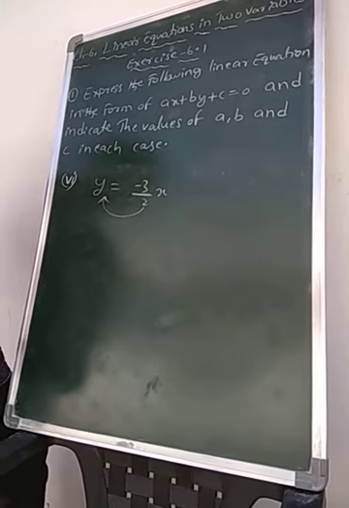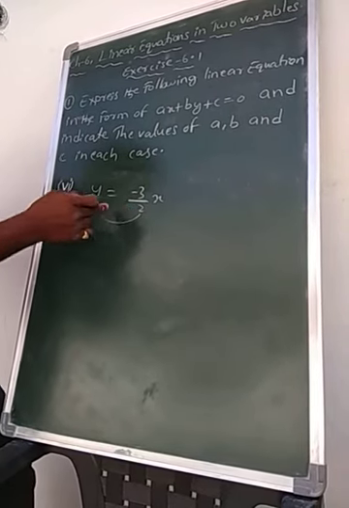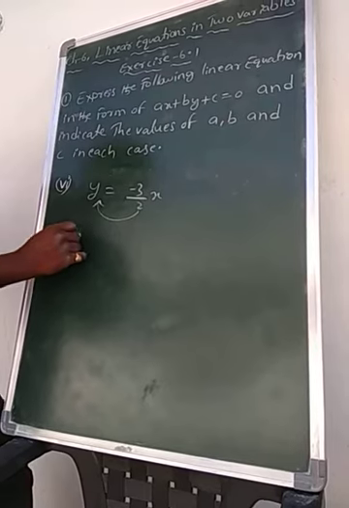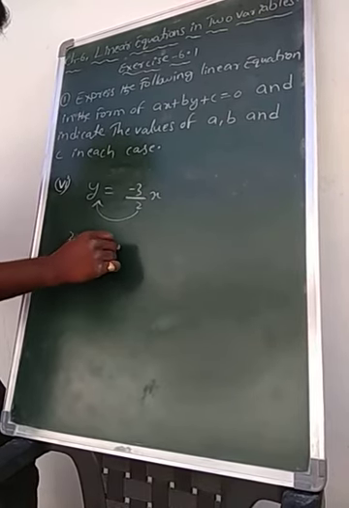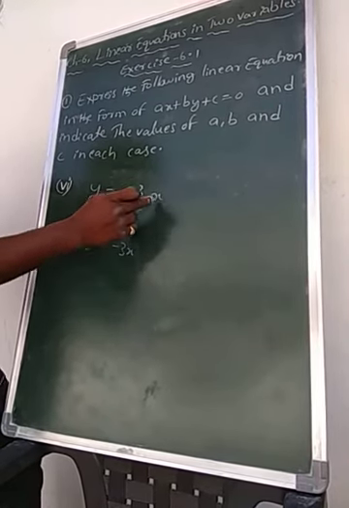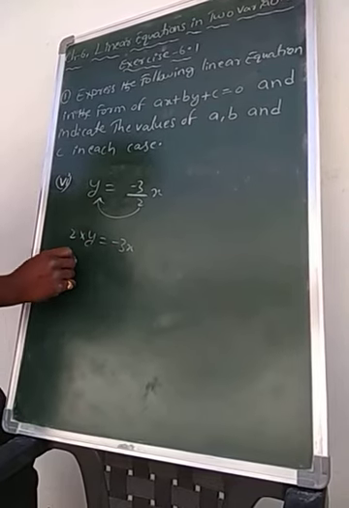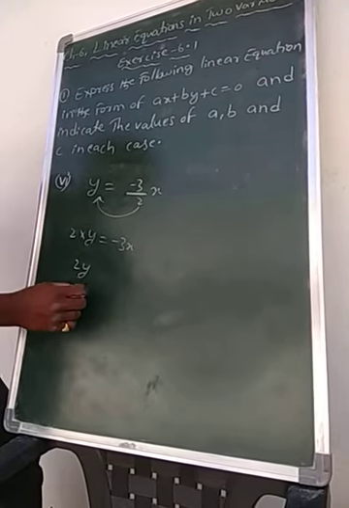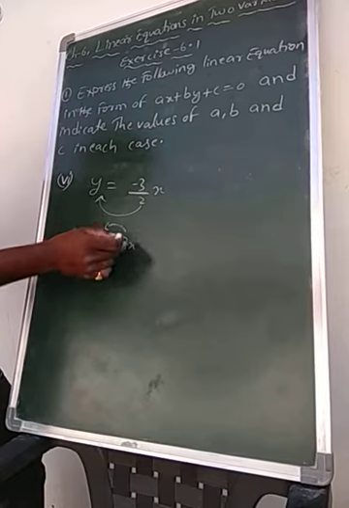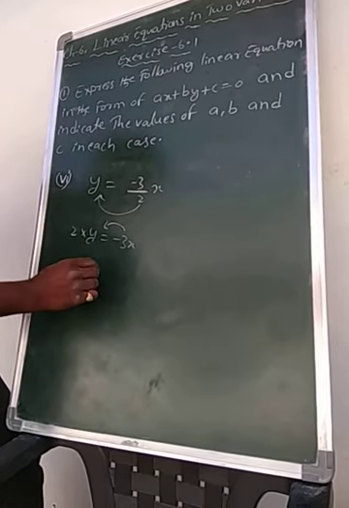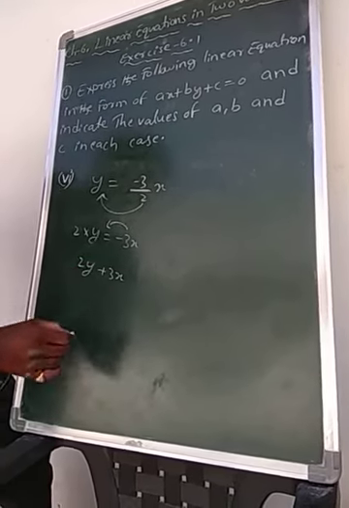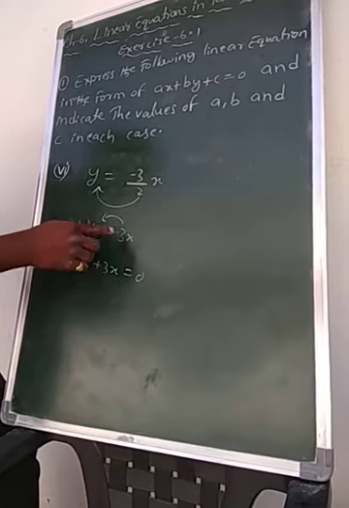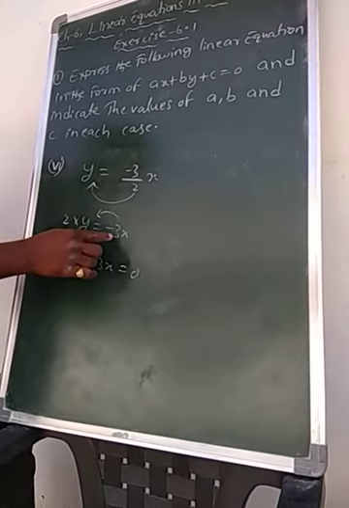Then what happened? Division quantity becomes multiplication quantity, and that is 2 into y is equal to minus 3x. So 2y, and minus 3x transposed to the LHS side becomes plus 3x.